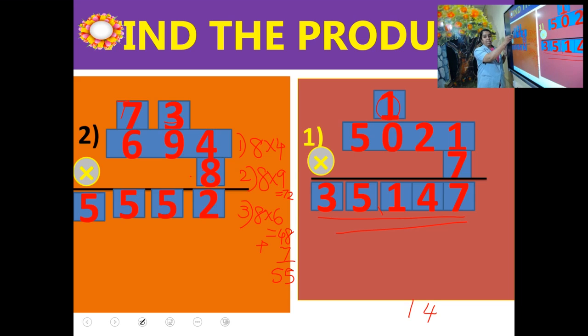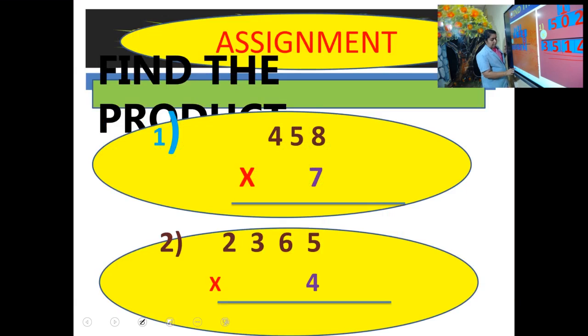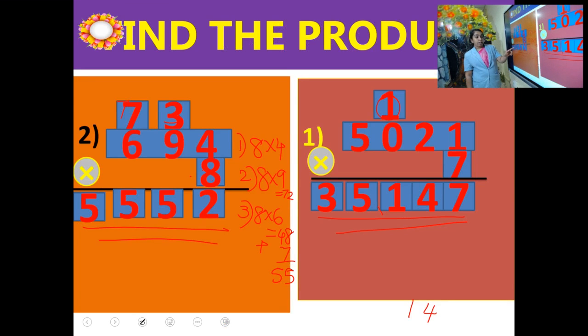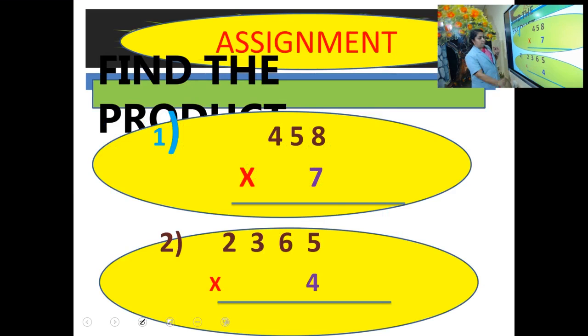Then we have the carryover 7. 48 plus 7 is 55. That is 5 in the hundreds place. The other 5 you have to write in the thousands place. Is it clear? So your answer is 5,552. So next.